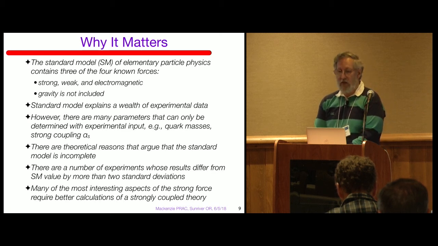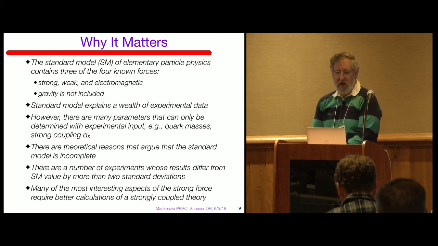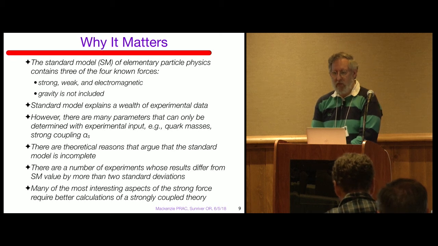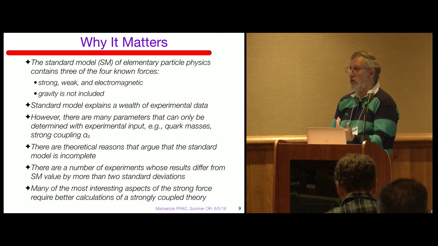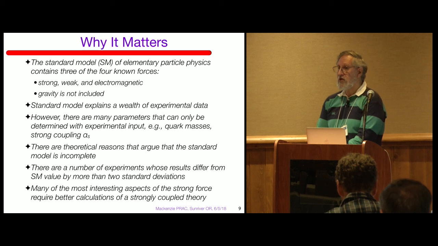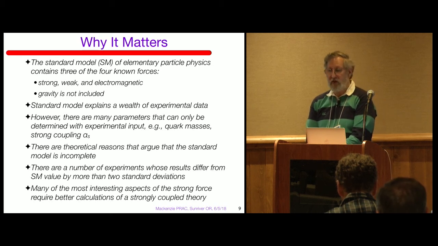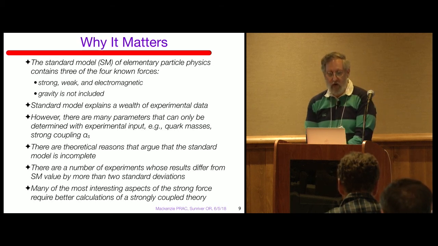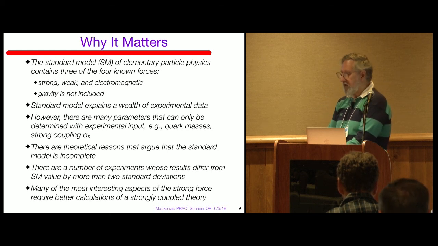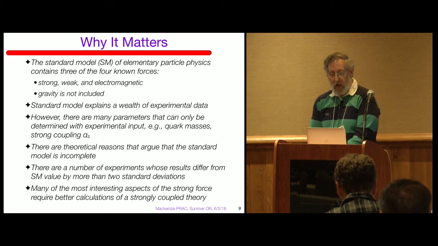But there are a number of parameters that can only be determined from experimental input and actually need information from quantum chromodynamics, the strong force. These include the quark masses, the strong coupling constant, usually denoted alpha S or alpha strong, and the CKM matrix elements that I mentioned before.